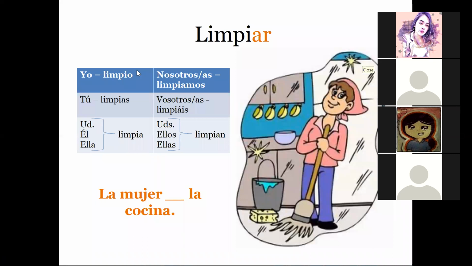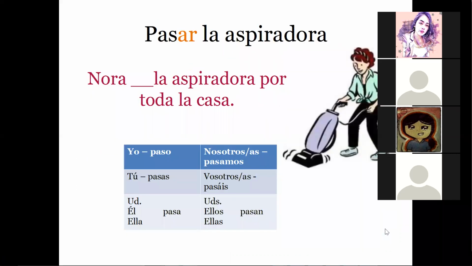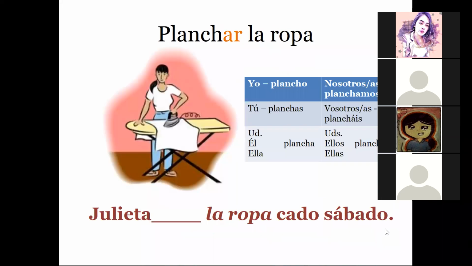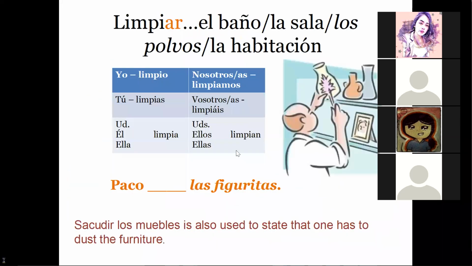Okay, so lavar y secar la ropa, because if you have the first verb conjugated, you don't have to conjugate the following verbs. It should be in the infinitive. Okay, so mi hermana odia lavar y secar la ropa. Okay, so she hates washing and drying the clothes.